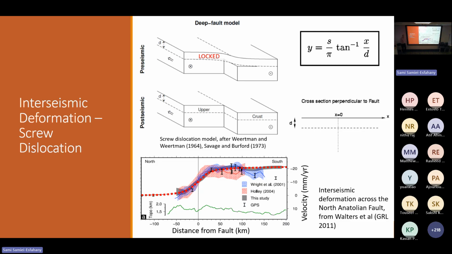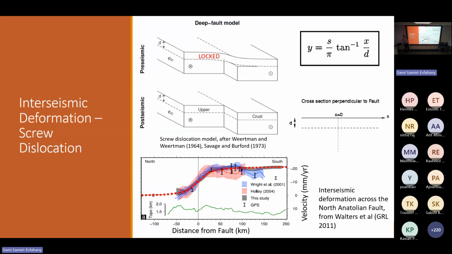So what we'll do today is just the simplest analytical model for that build-up of strain, and that's the screw dislocation, which has this simple arctan that gives you this almost sigmoidal pattern. It's an arctan function pattern across. Very simple, but it's been quite effective at explaining single strike-slip faults. So if you want to focus on the simplest ones, we say we've got that upper locked layer, offset at depth, and you just try and fit a couple of parameters.